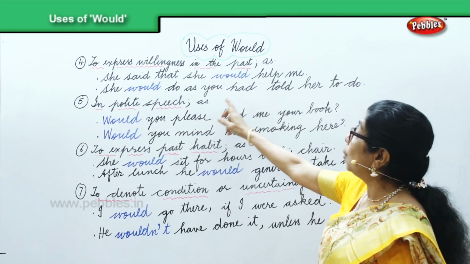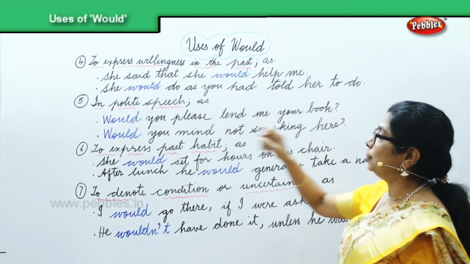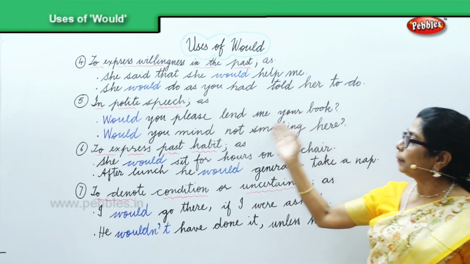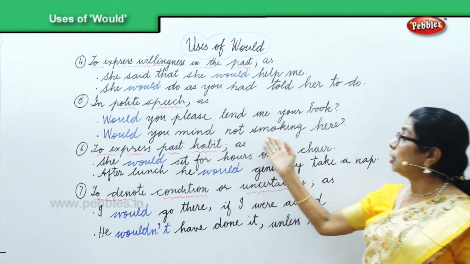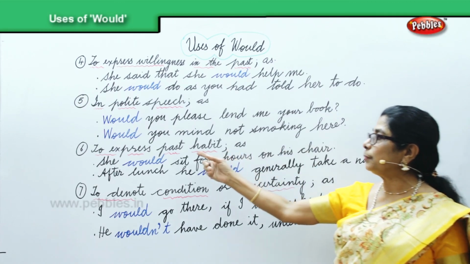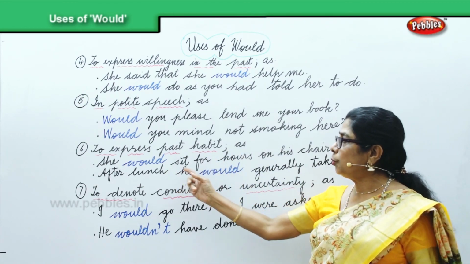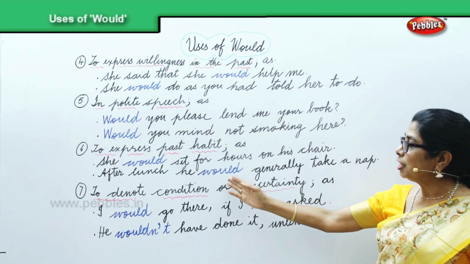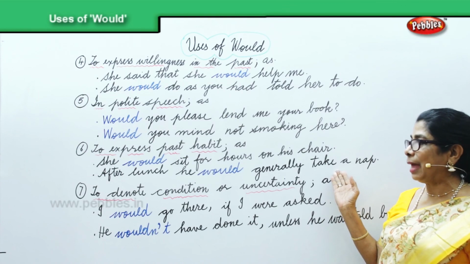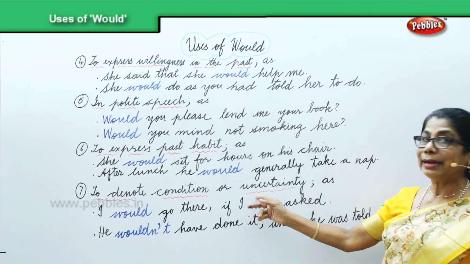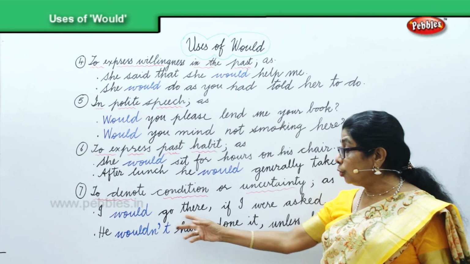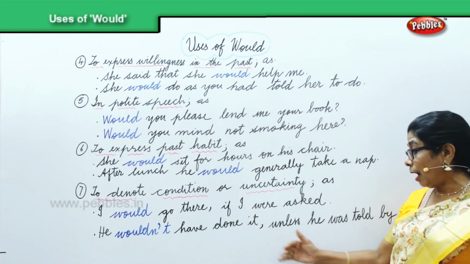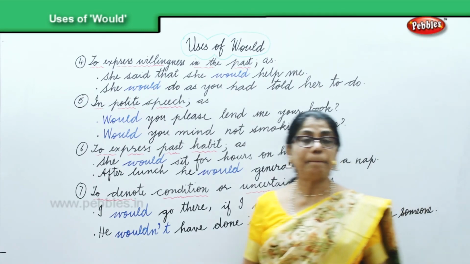She would do as you told her to do. In polite speech: would you please lend me your book? Would you mind not smoking here? To express past habit: she would sit for hours on her chair. After lunch, he would generally take a nap. To denote condition and uncertainty we have: I would go there if I were asked. He wouldn't have done it unless he was told by someone.